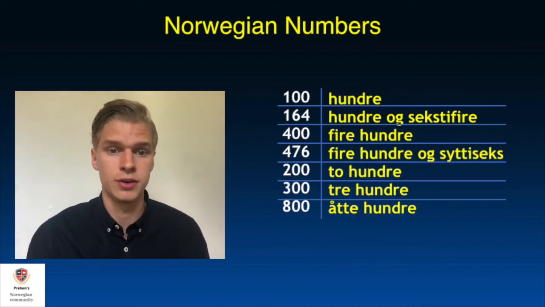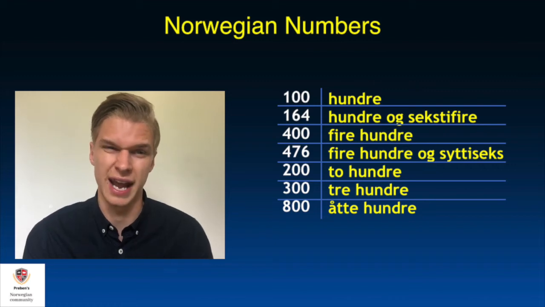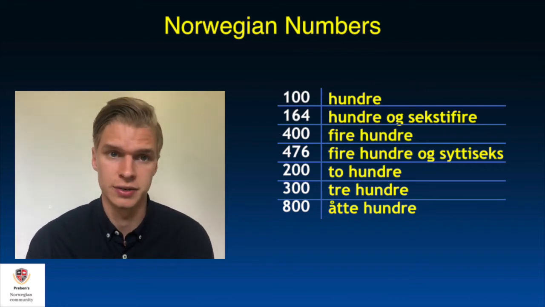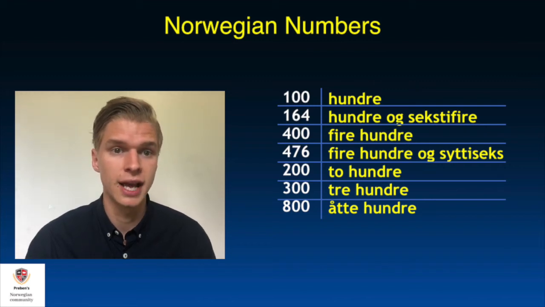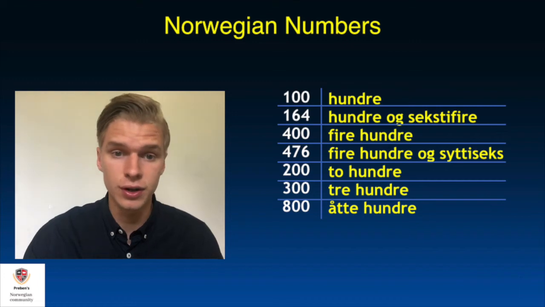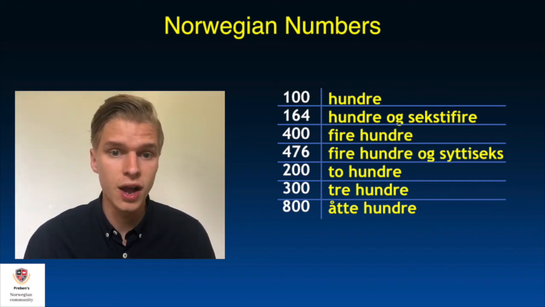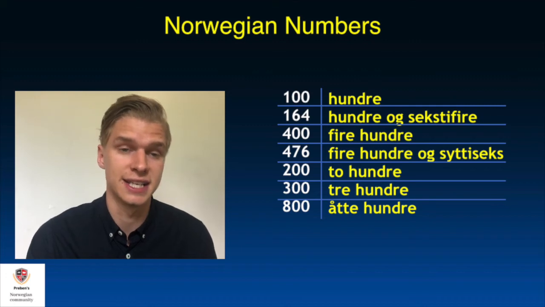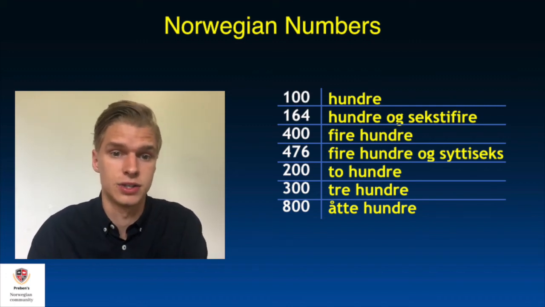I'm going to show you now 100 and some other numbers over 100 until 999. We have 100. If you want to say something more than 100, for example 164, you say 100 og 64. Og means and. So you just add 100 and then the rest.